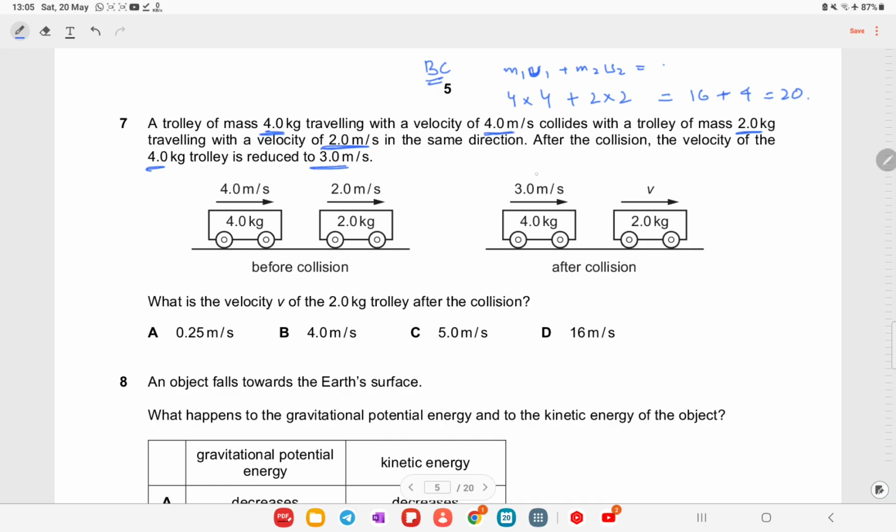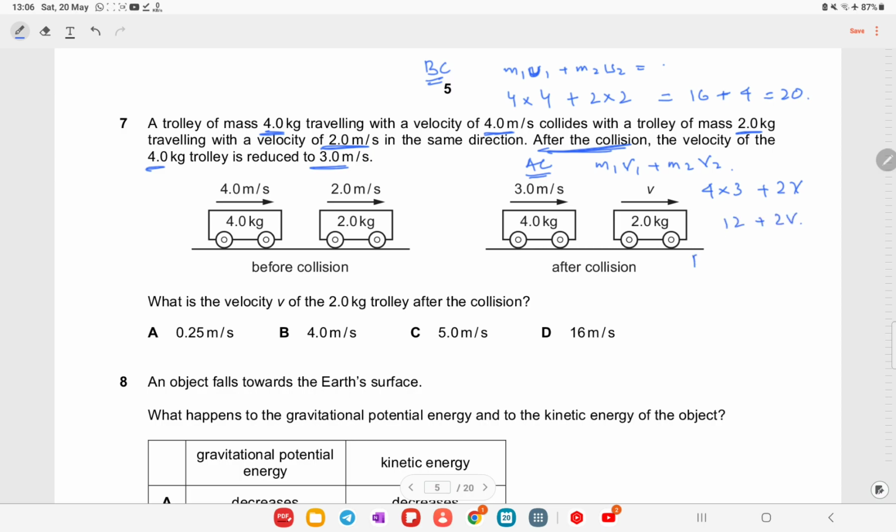After collision, we have m1 v1 plus m2 v2. The velocity of the 4 kg trolley has reduced to 3, plus the mass of the second trolley, which is 2, and we need to find this velocity. So this is going to be 12 plus 2v.